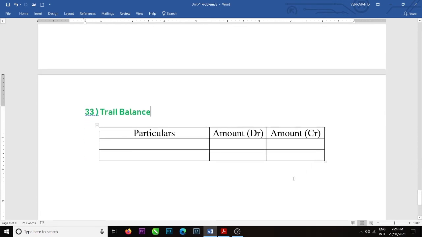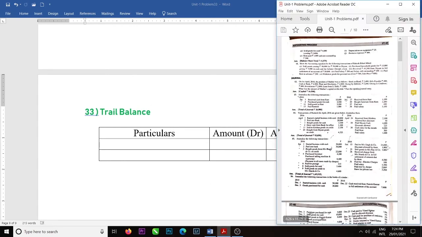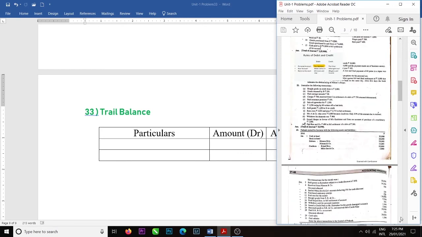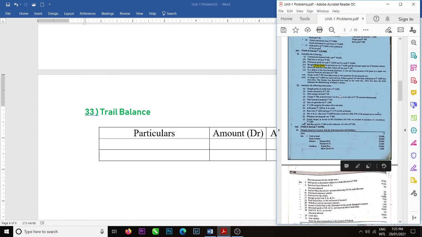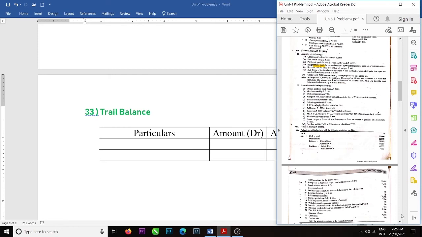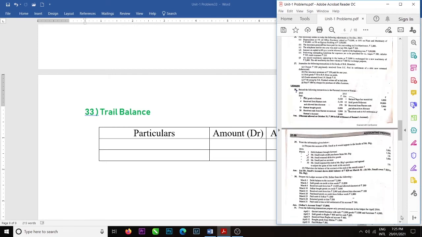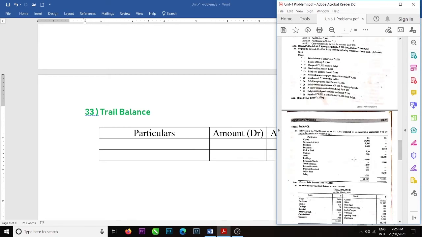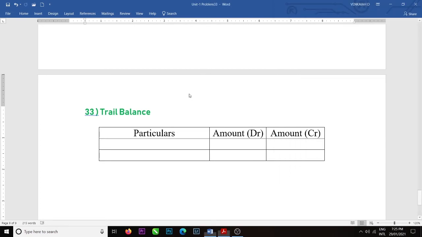Okay. Now we will solve problem number 33 in our textbook.